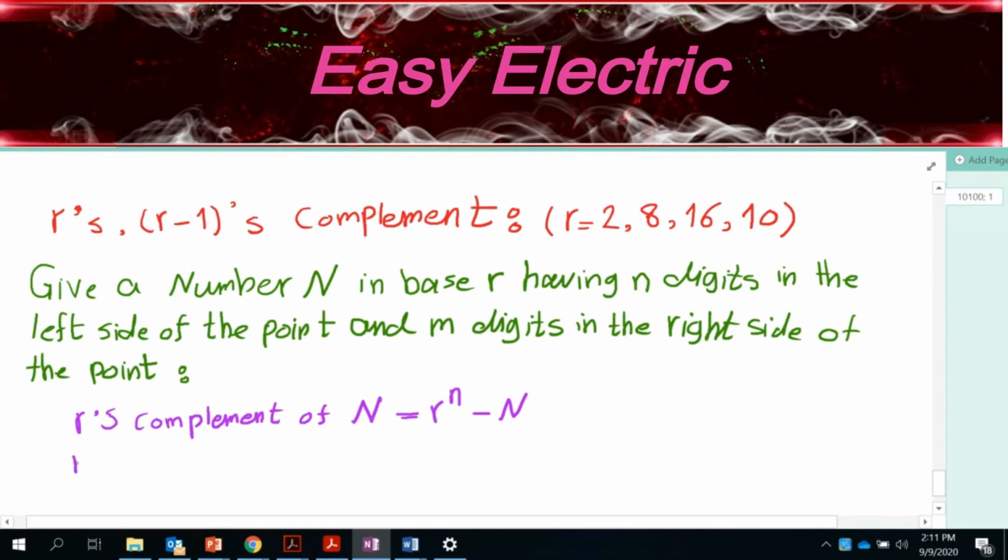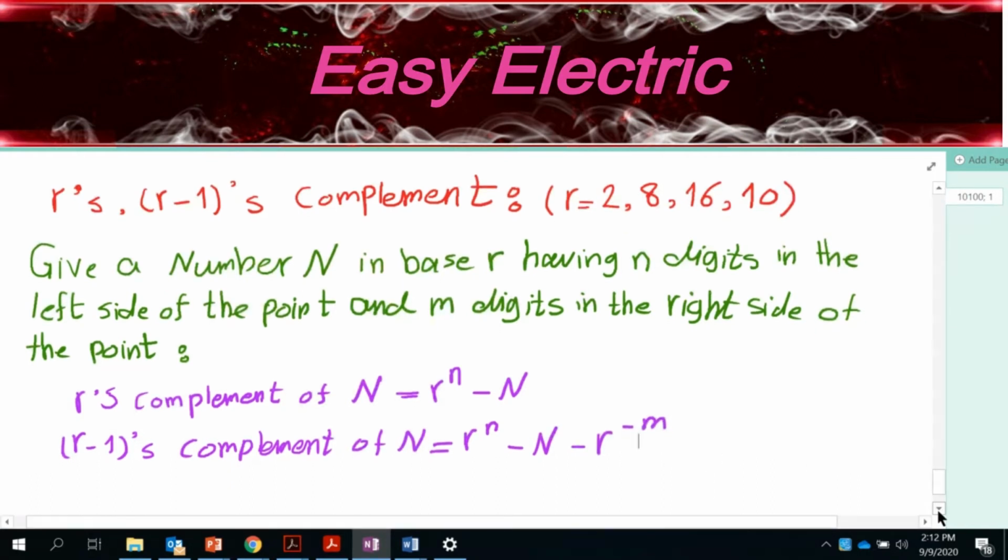And on the other side, the R minus 1's complement definition is this: complement of n equals R power n minus n minus R power negative m, okay? So that's the definition of that.